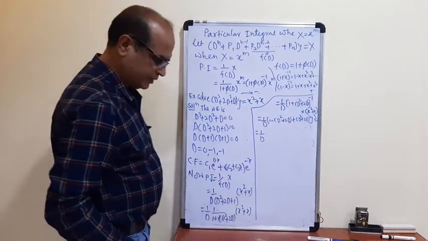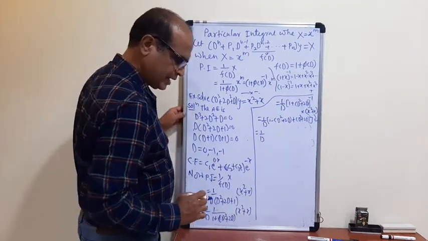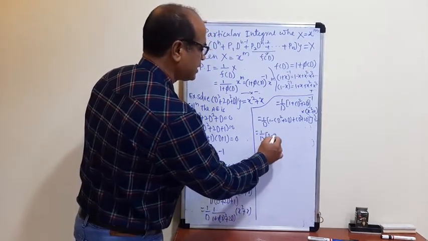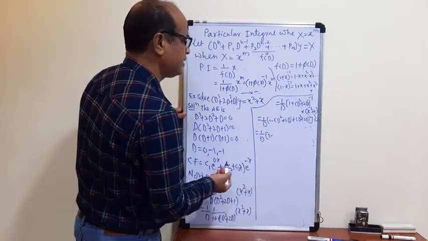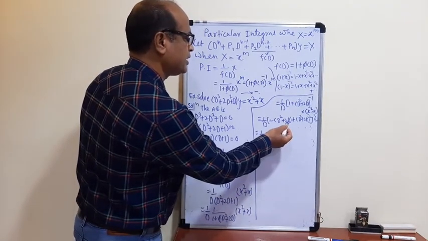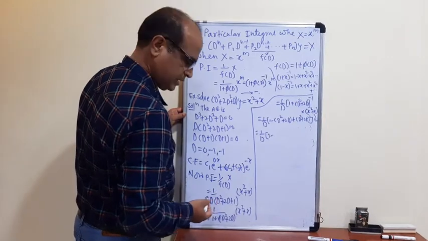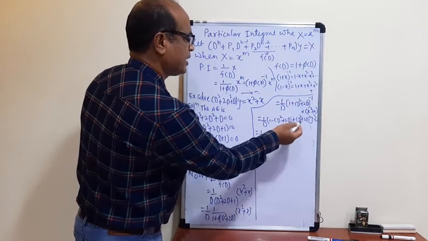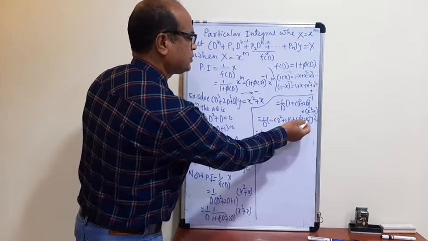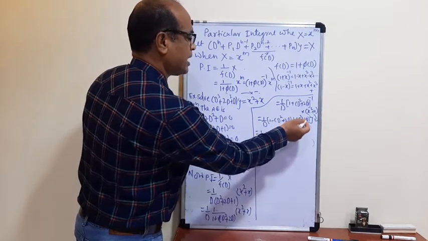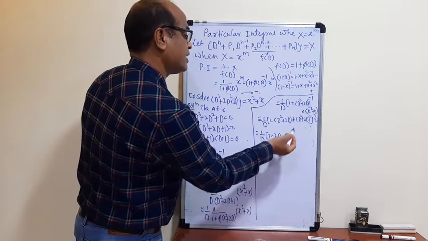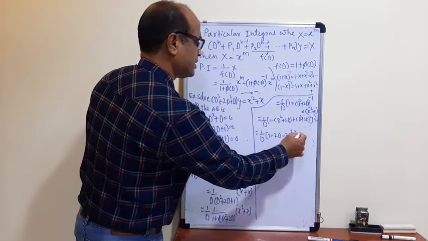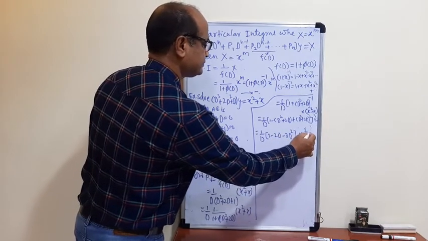After simplification, 1 upon d into 1 minus 2d minus d square plus 4d square, which is minus 2d plus 3d square, into x square plus x.